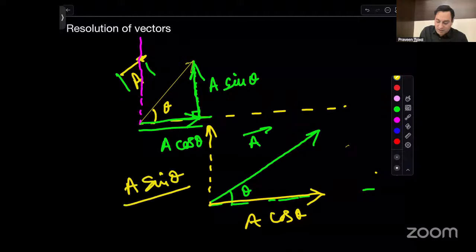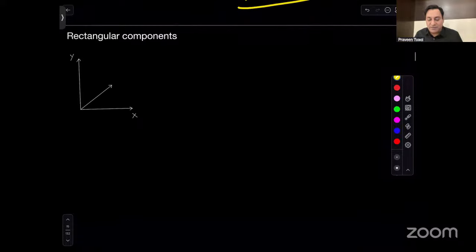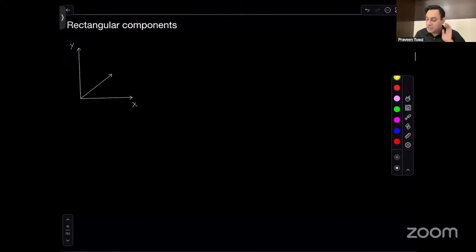These two are very important to know: how to break a vector into two mutually perpendicular components. And I expect that when we are in 12th, we know this much. And this should be the basis of what we'll be learning ahead.